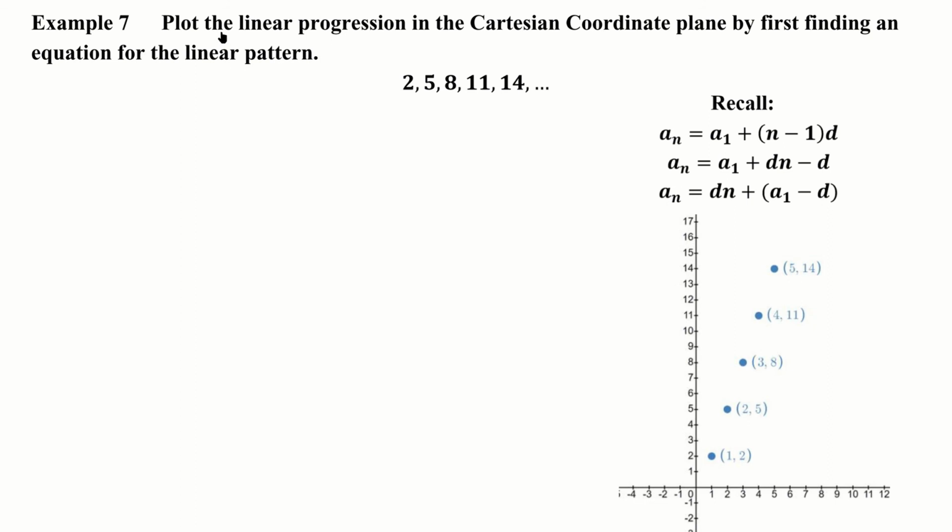All right, so next we want to plot the arithmetic progression given here in the Cartesian coordinate plane, where of course the horizontal axis will represent n and the vertical axis will represent an, by first finding an equation for the linear pattern. Well, that should be quite simple for us to do.